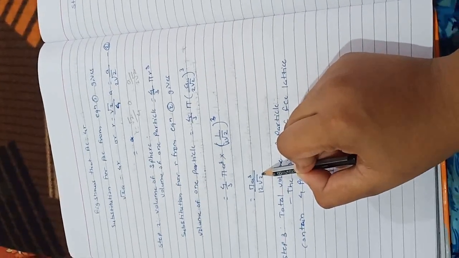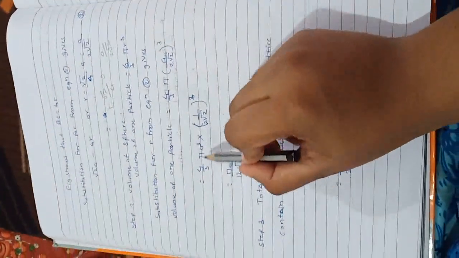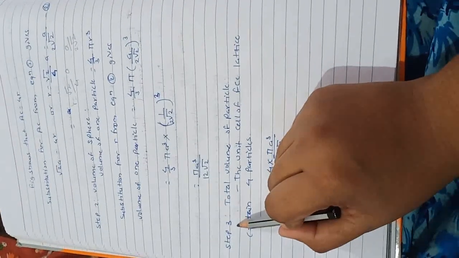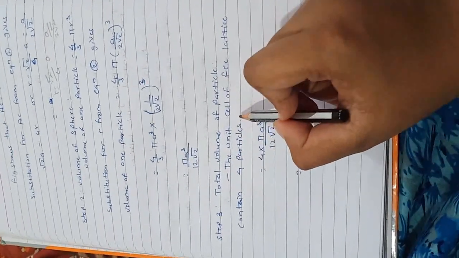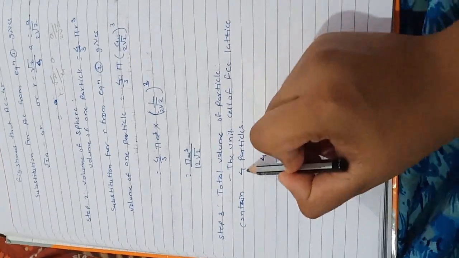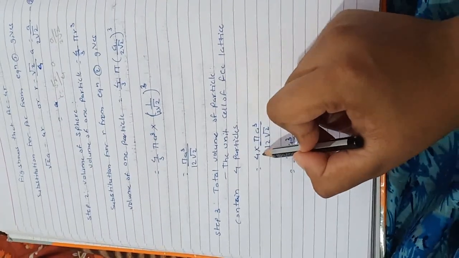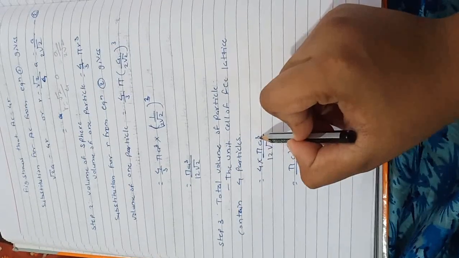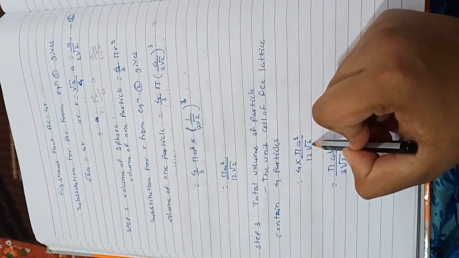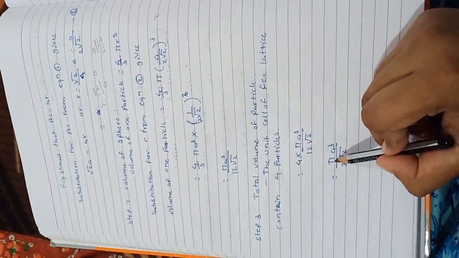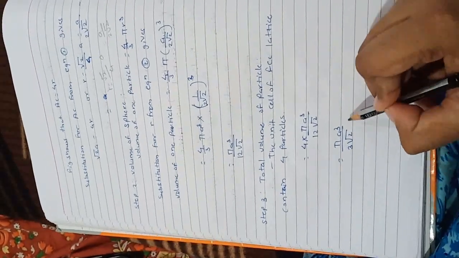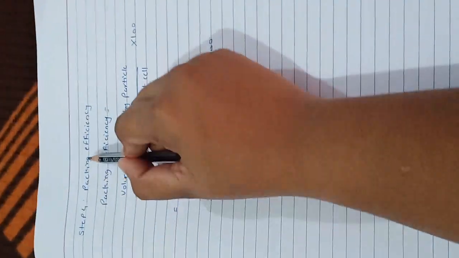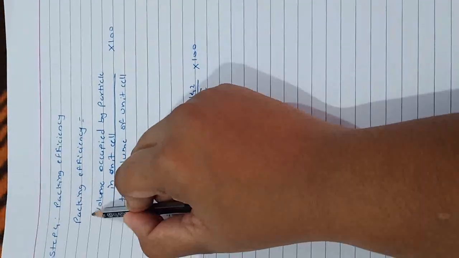So pi a cube divided by 12 root 2. Step 3, total volume of particle. The unit cell of the FCC lattice contains 4 particles. 4 into pi a cube divided by 12 root 2. Therefore pi a cube divided by 3 root 2.